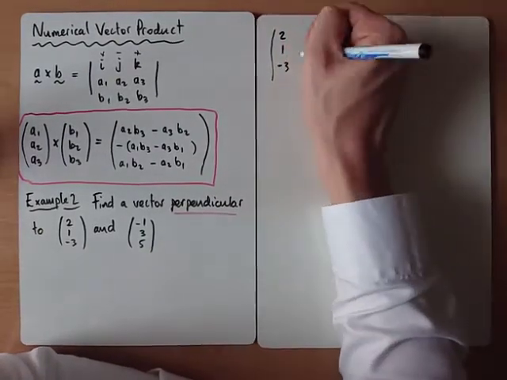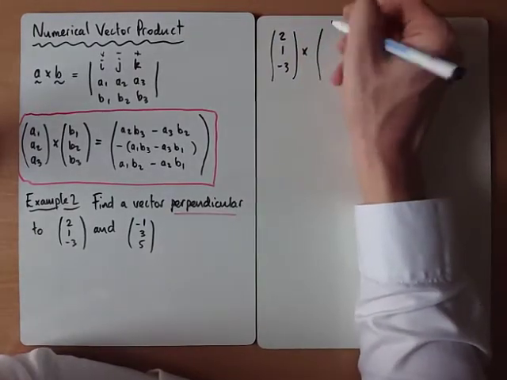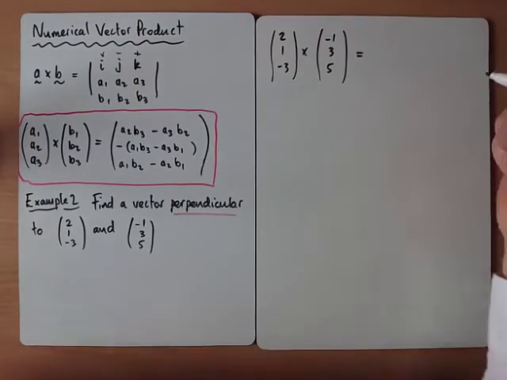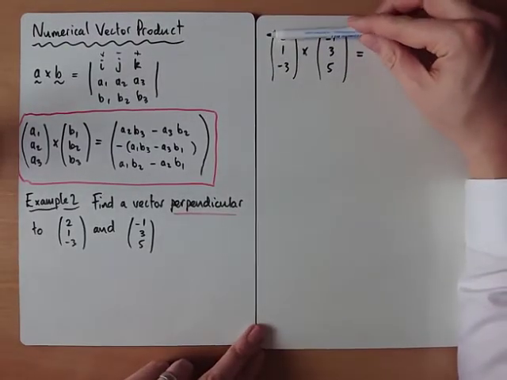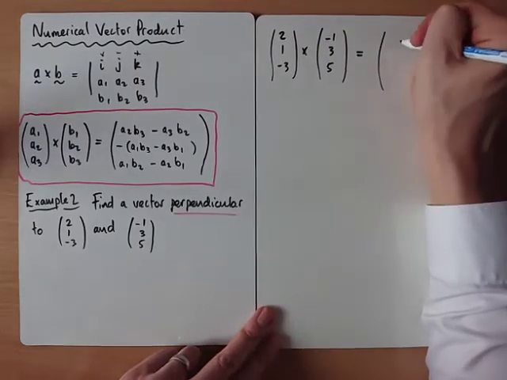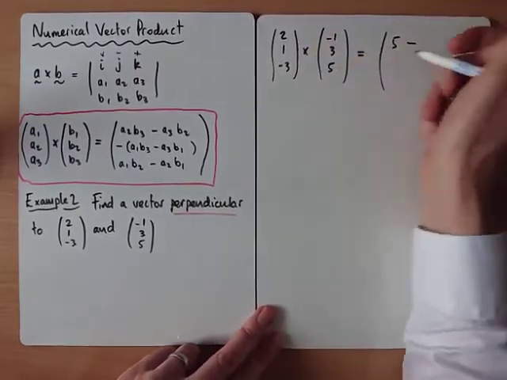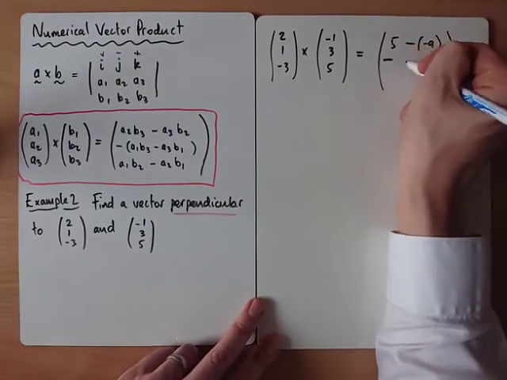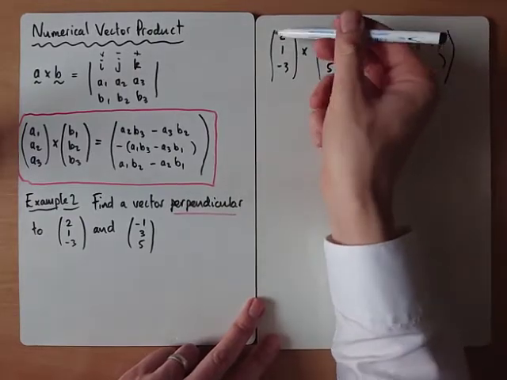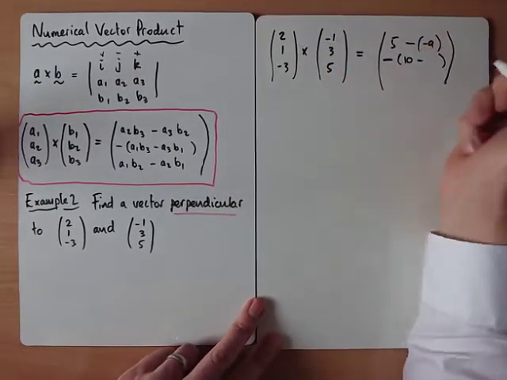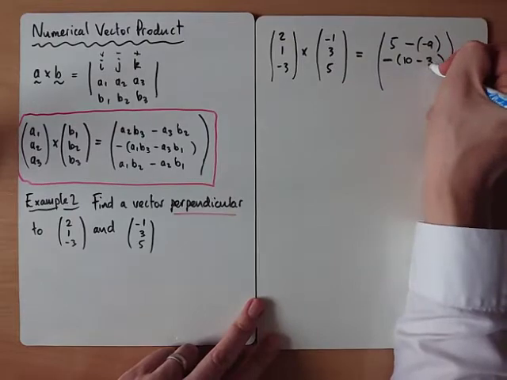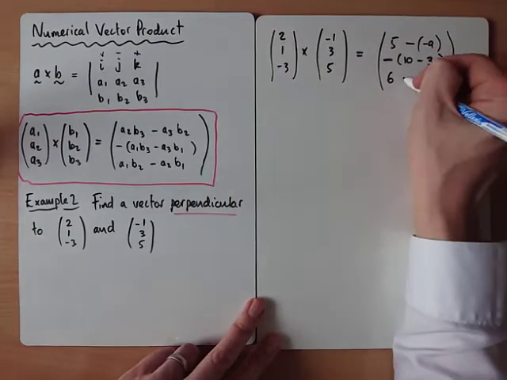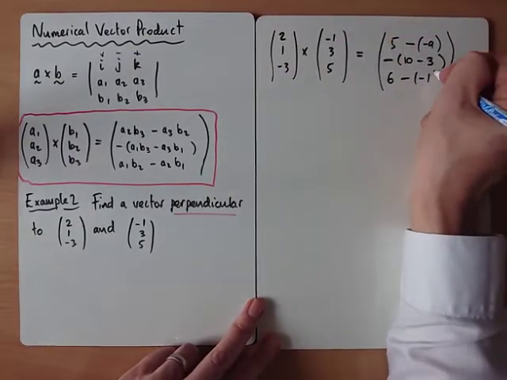So we've got (2, 1, -3) cross producted with (-1, 3, 5). Okay, cover up and work out your determinants. So that would be 5 minus 9, minus 10 minus -3, and then 6 minus -1.